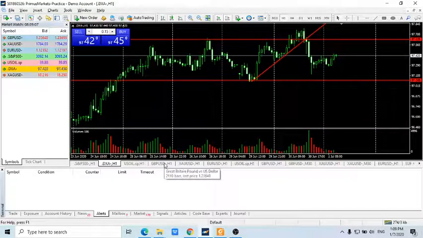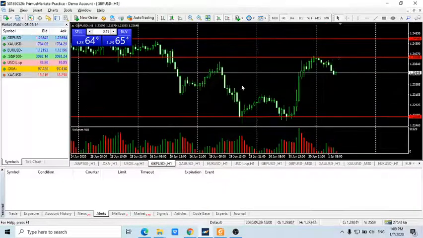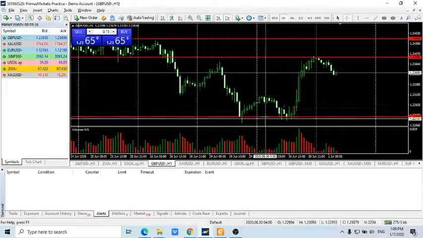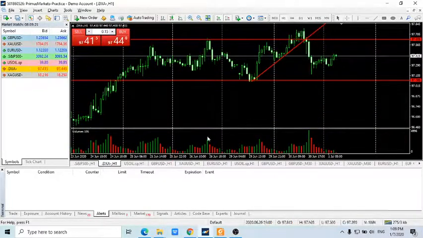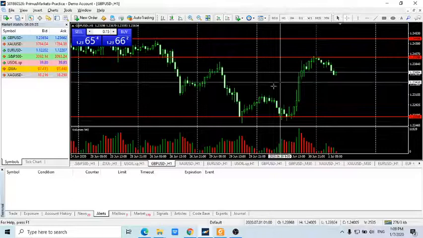So when we look at the UK pound, we should also see the UK pound being weak in the Asia and UK trading sessions. So here we go. As the US dollar was strengthening, we can see the UK pound weakening.